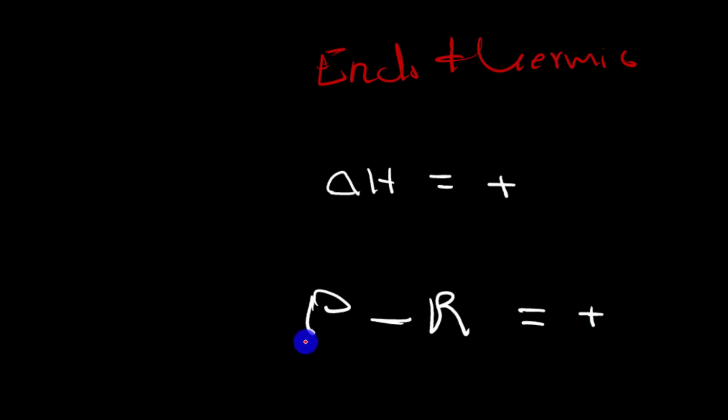Here, look at this. The product has more energy than the reactants. So if we subtract a small number from the big one, we get a positive number. Therefore, the enthalpy change is positive. And enthalpy change is the difference between the product potential energy and the reactant potential energy.